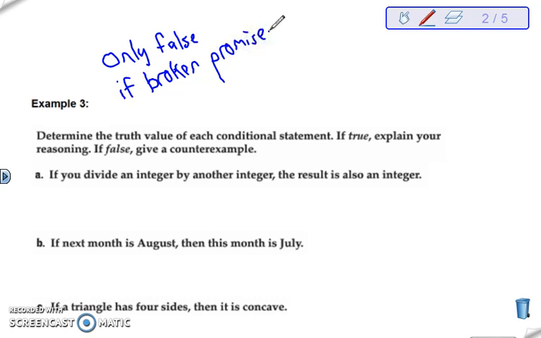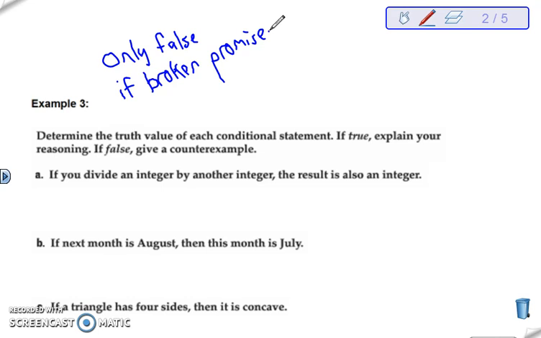So what does that mean? We want to think of the conditional statements as promises, right? So if the first part is true, I promise you that second part is true. However, if the first part is true and the second part turns out to not work, turns out to be false, then I've broken my promise and we have a false statement.